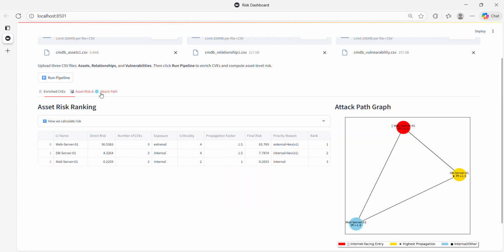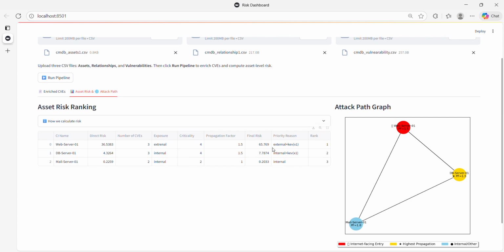This is the asset risk and the attack path. Here it is going to rank the asset risks, meaning it is going to say which is the most critical asset that needs to be considered. If you see here for this given data, there are three servers that have been used. In these three servers, one has external exposure and two are internal ones, and the criticalities are 4, 4, 2.